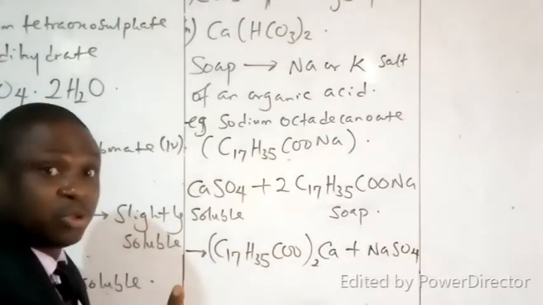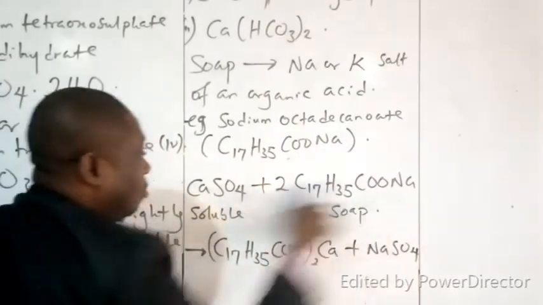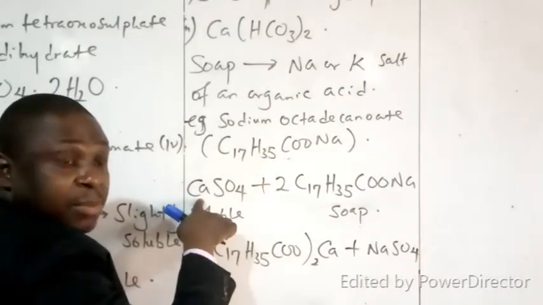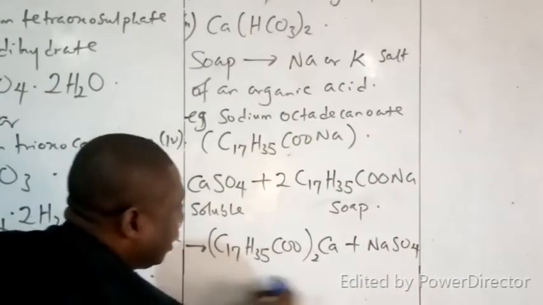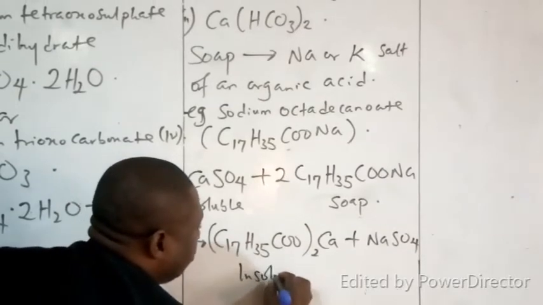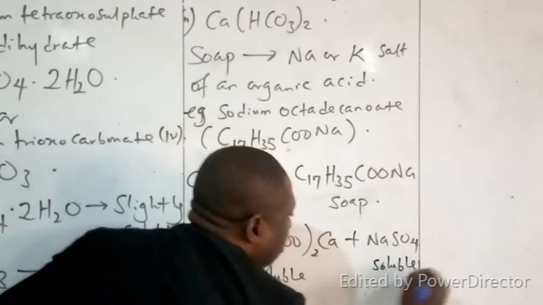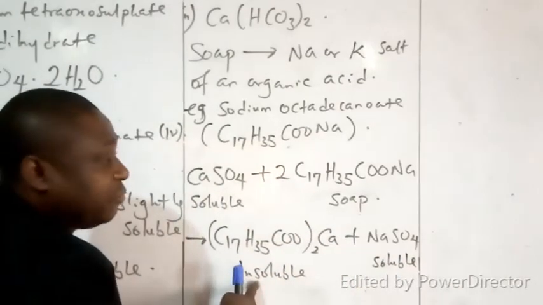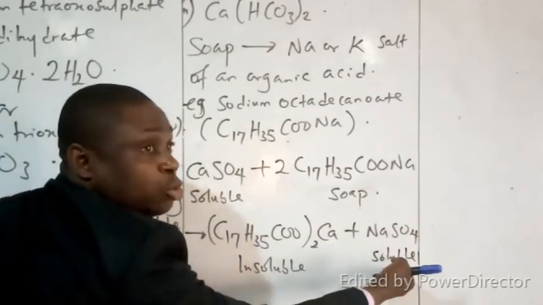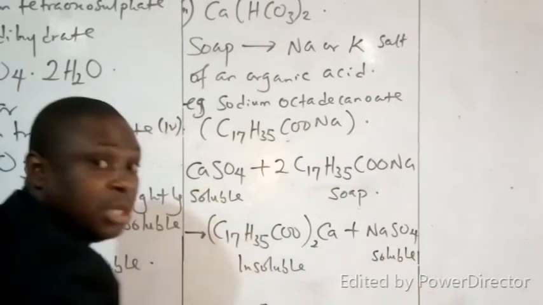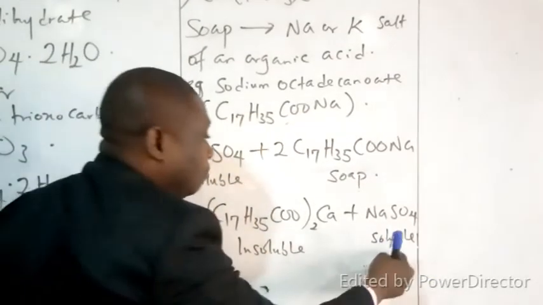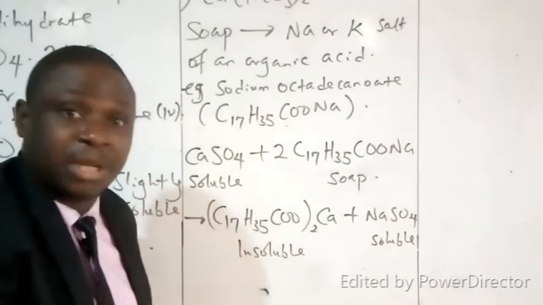Now remember that this is a replacement reaction whereby sodium displaces calcium. In this case, the calcium compound becomes insoluble, while the sodium compound is soluble. The insoluble one can be filtered off to allow the sodium compound perform its function in whatever purpose the water is being used for.